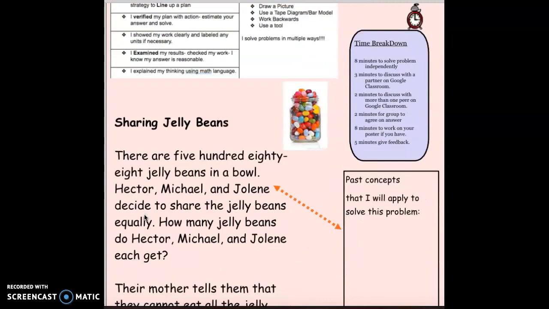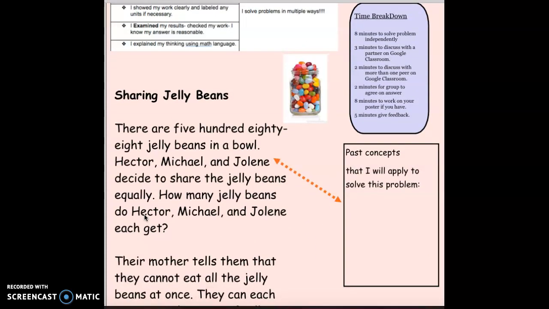So today we're going to be getting to a problem that talks about sharing jelly beans. I don't know if you know, I'm not the biggest fan of jelly beans. Nevertheless, there are so many different flavors of jelly beans, and I discovered it several years ago.